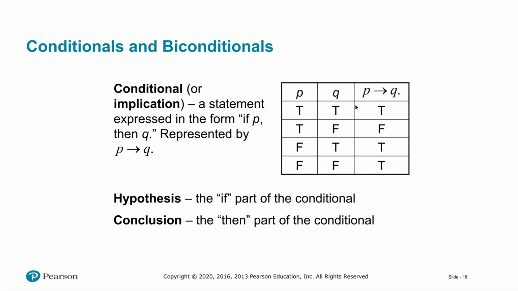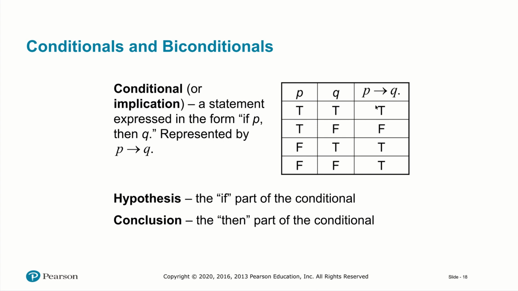Notice that the only time a conditional is false is if the hypothesis is true and the conclusion is false. In other words, if a truth is implying a falsehood, okay? That's the only time a conditional becomes false.